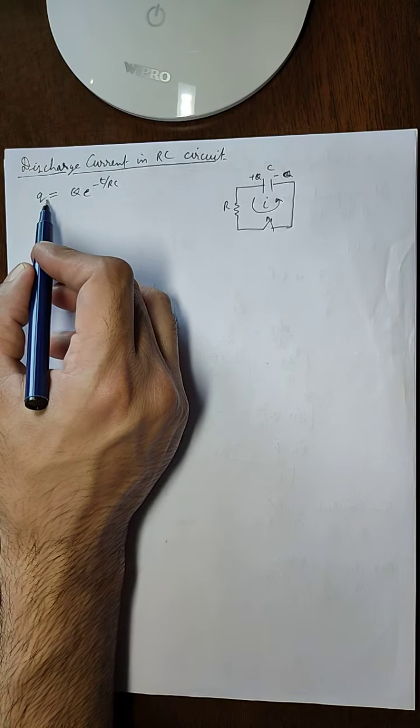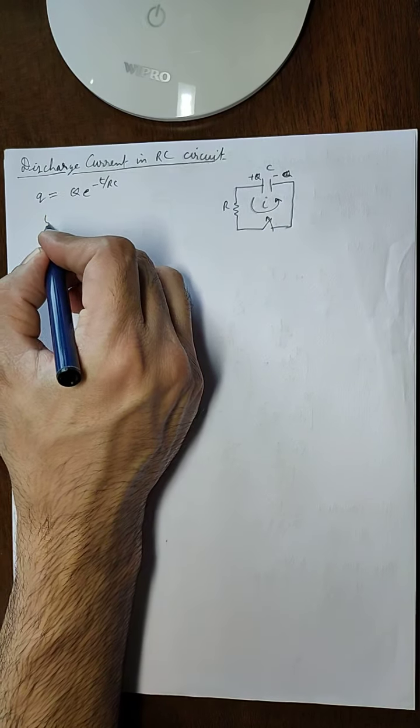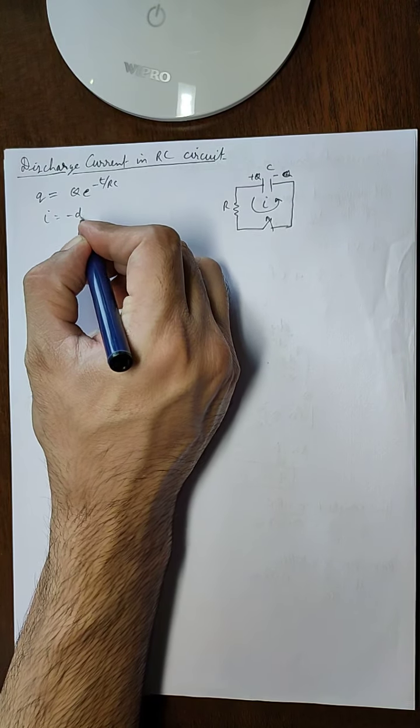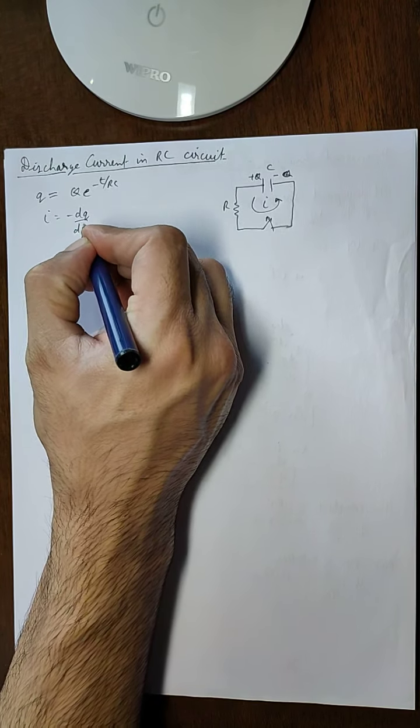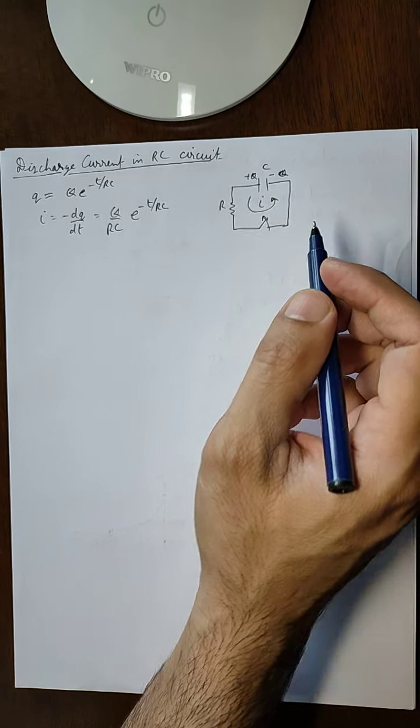So if this is the charge, then we can find the value of current, which is given by I equals minus dq by dt. I already explained why this minus is here, and if we substitute, then this will be the value of I. So this current is called the discharging current because it is generated due to the discharging of the capacitor.